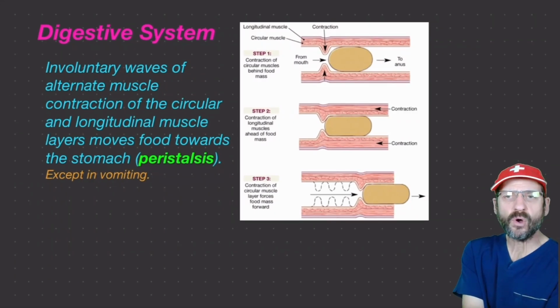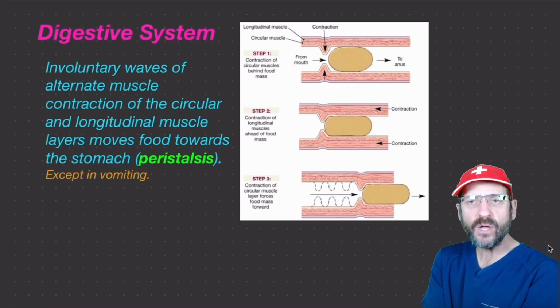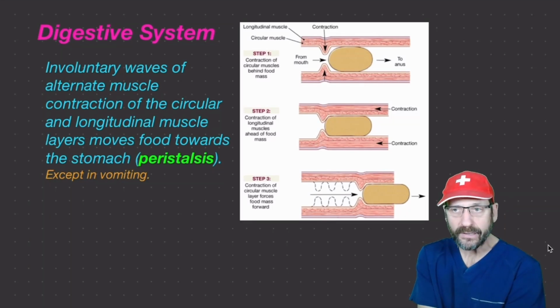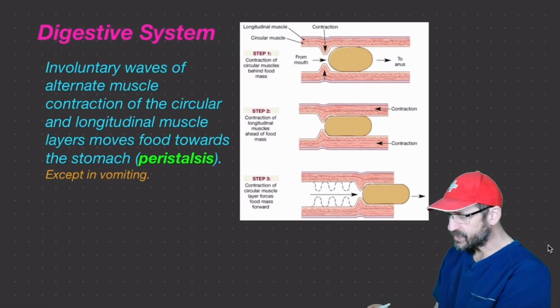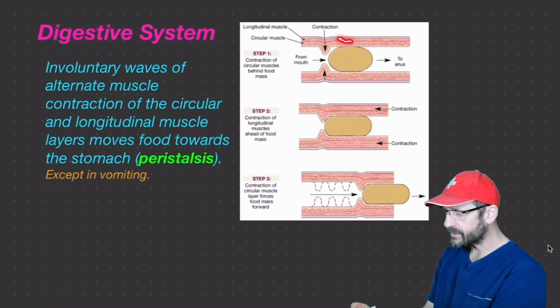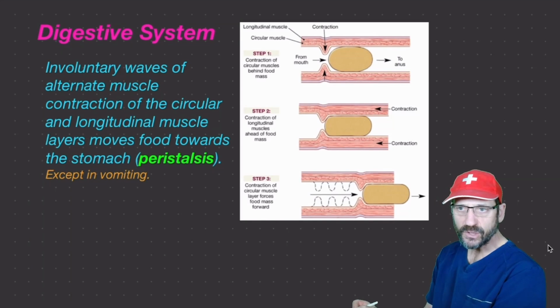Involuntary waves of alternate muscle contraction of the circular and longitudinal muscle layers move food towards the stomach. And you can see that visualized here where we have an outside longitudinal muscle and an internal layer, that's the circular muscle.